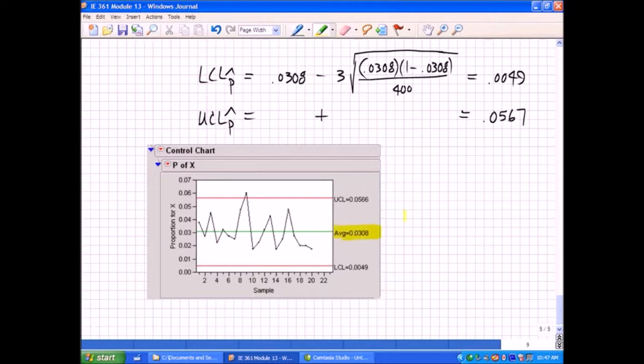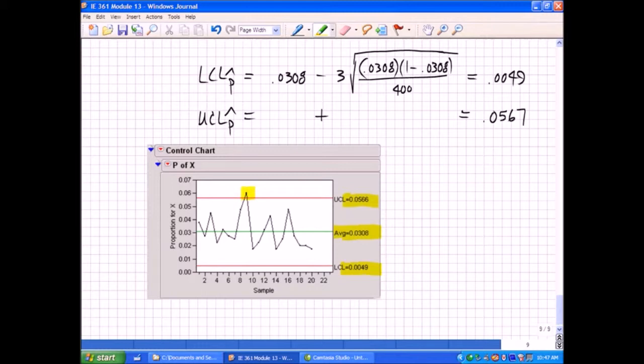There's the retrospective center line, there are the retrospective upper and lower control limits. The chart looks very much like the other one, and we still have this 1 point, sample 9, producing a p hat plotting outside of control limits.